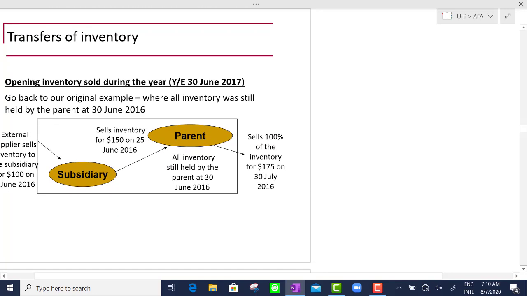Now, be clear about the scenario. Earlier, the purchase, intercompany sales, external sales, all three were happened in the same year. But now, right, we come to a different scenario where these three transactions, purchase, intercompany sales, and external sales, could be happened in different years.